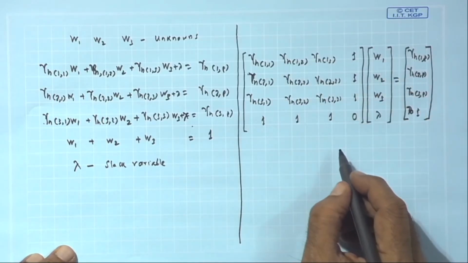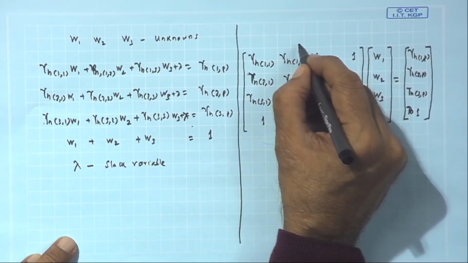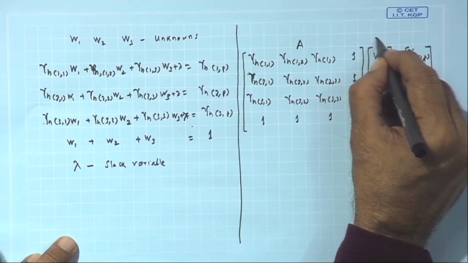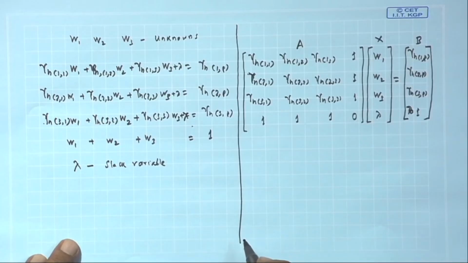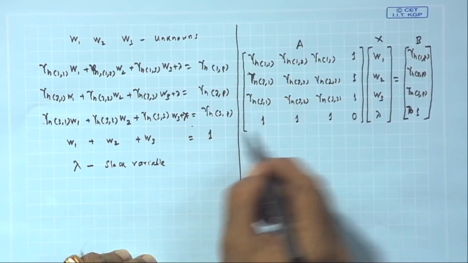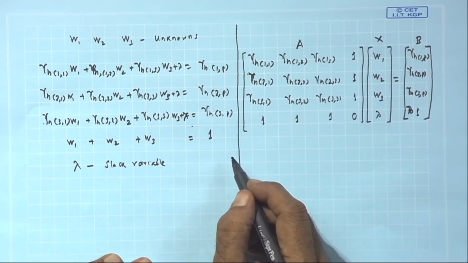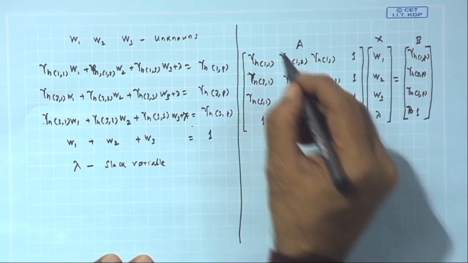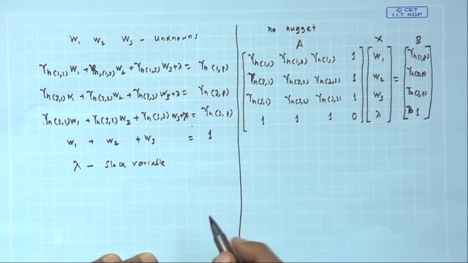As can be seen here, this is the matrix A, this is the matrix X which we are going to solve, and this is the matrix P. The interesting thing you would observe here is that this matrix has diagonal elements. In this case we are considering a stationary regionalized variable, and we take that there is no nugget effect.